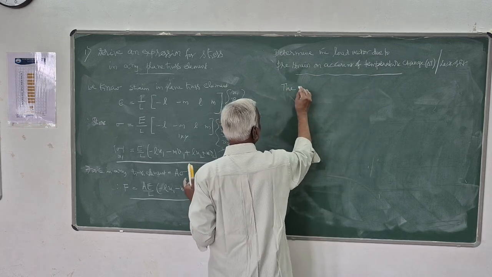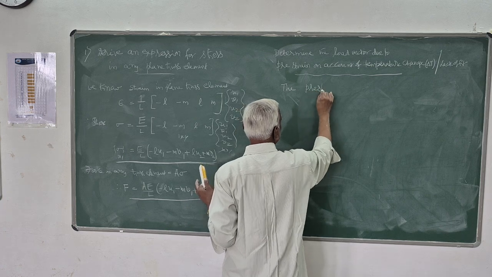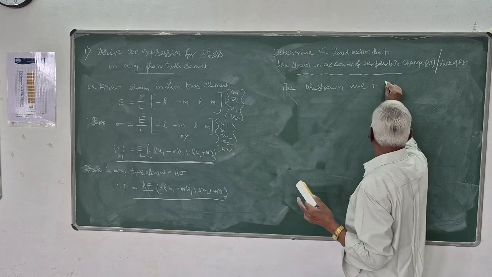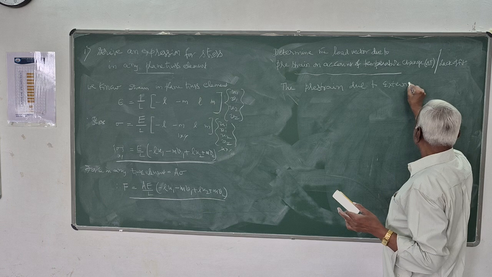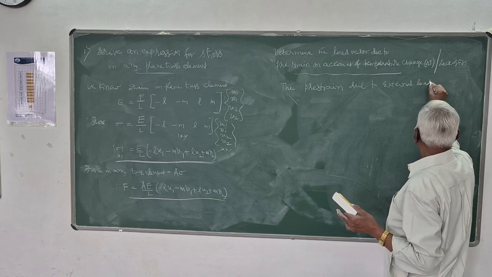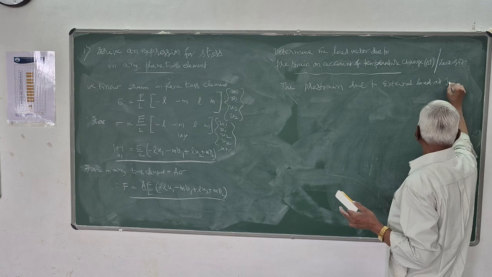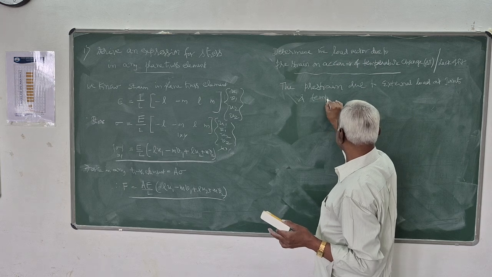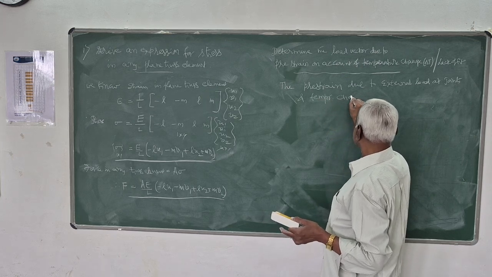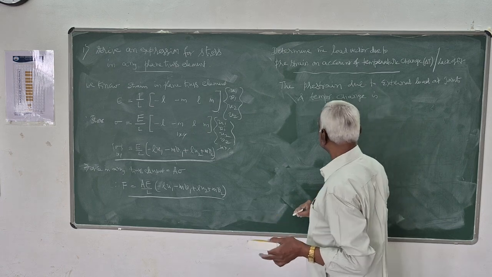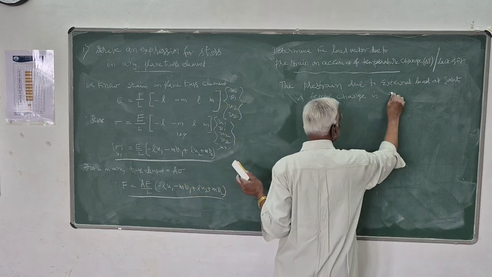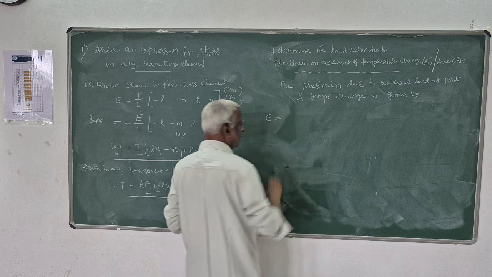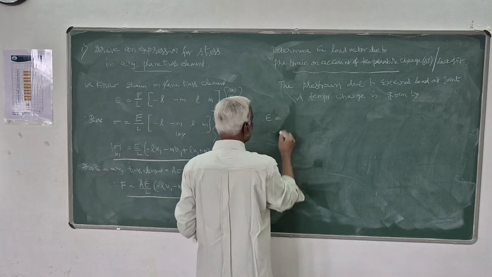So the pre-strain due to external load at joints and temperature change is given by epsilon is equal to BQ.